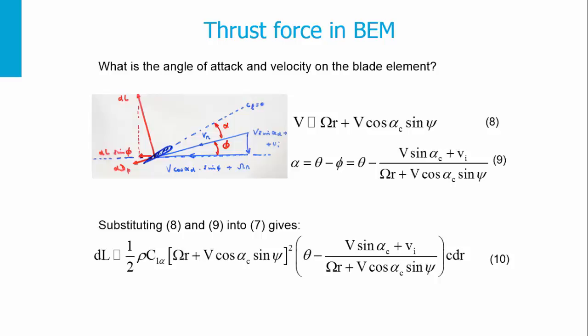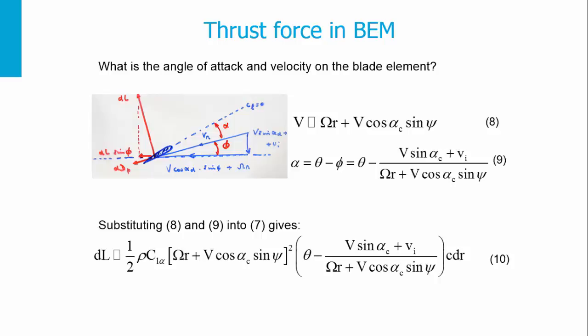You recall that in forward flight there is a tangential component and a perpendicular component of the velocity. The tangential component contains the omega r, the tip speed, and the component of the velocity V cosine alpha_c at a certain azimuth.